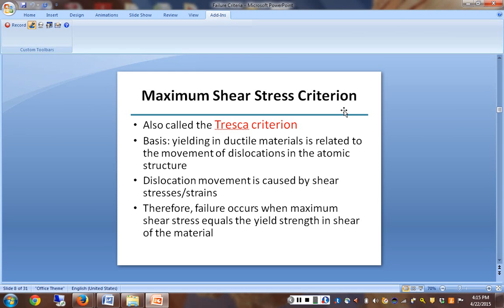Not because I'm pulling on it, but because they're being pushed sideways. And so this next criteria looks at the maximum shear stress, which we get from Moore's circle, and looks at how that compares to the yield strength in shear.